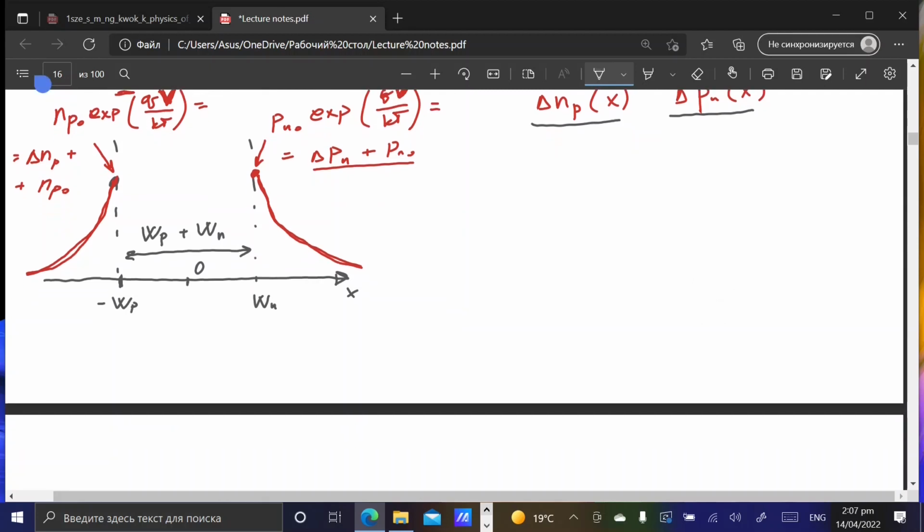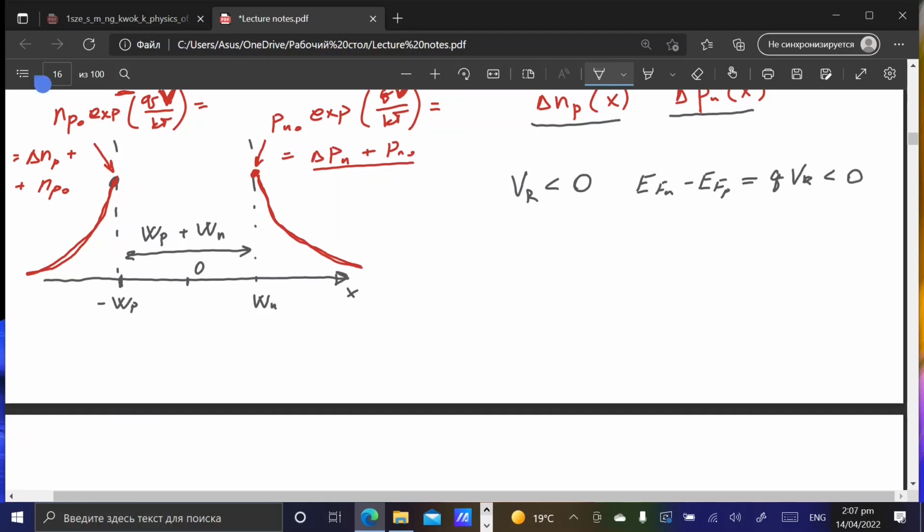Now let us consider that we apply some reverse bias, which is VR, let's call it reverse voltage. We consider this as less than 0, negative sign. Then we can write that EFN minus EFP is equal to QVR, and that is negative.